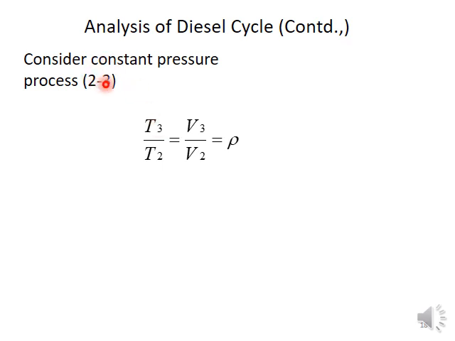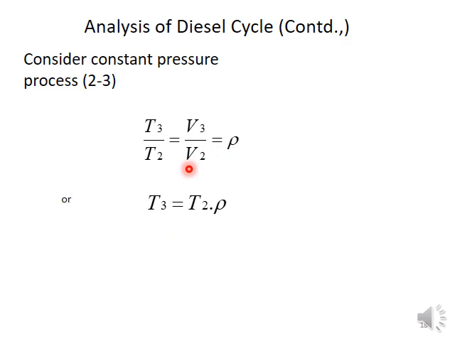That is why you can write that T3 by T2 is equal to V3 by V2, and this V3 by V2 is nothing but the cutoff ratio. So T3 by T2 is equal to rho.